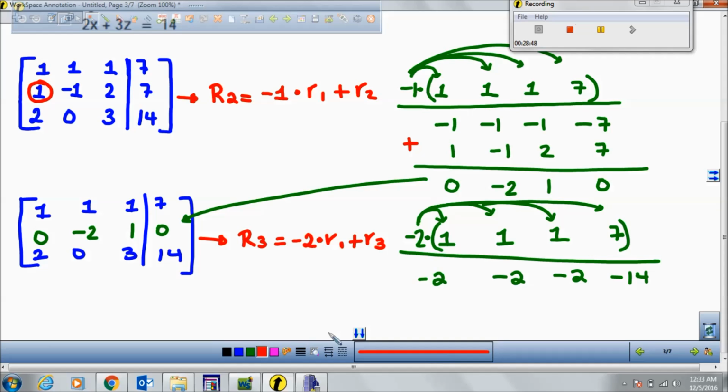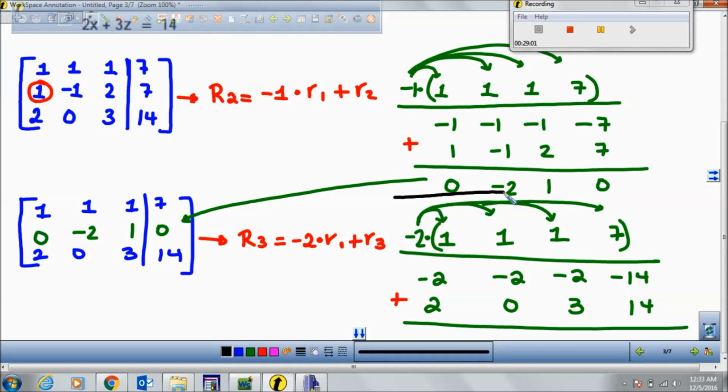And so now we're going to add every value in row 3. So you copy all the numbers in row 3. I'm going to put a line here so that you don't get confused with the things that I already did, because they're looking too close together.